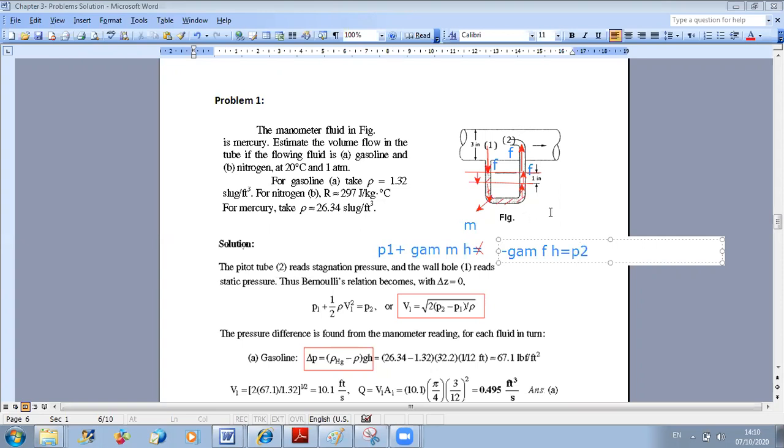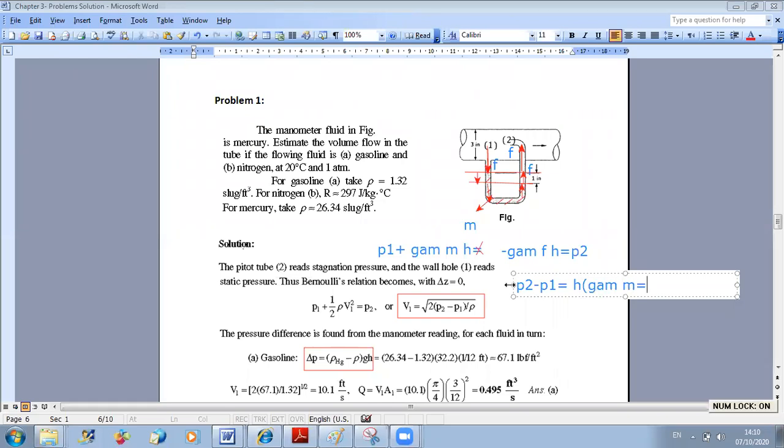From this relation, you can find that the difference between P2 and P1, P2 minus P1, is equal to H times gamma mercury minus gamma fluid. So you found the variation in pressure between points 1 and 2. Did you understand now? Yes, doctor, thank you.